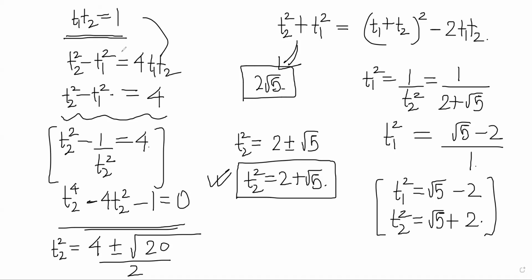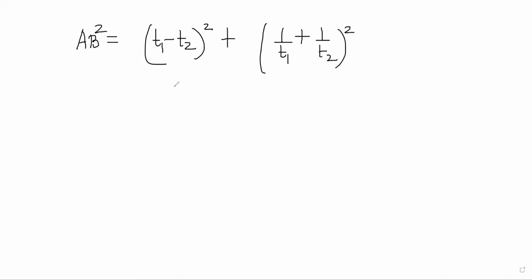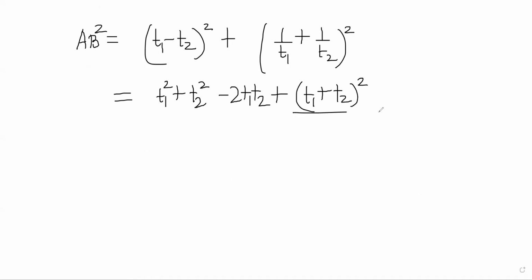So length of the side AB square is equal to actually (t1 minus t2) whole square plus (1 by t1 plus 1 by t2) whole square. So if you simplify this a little bit, this is basically t1 square plus t2 square minus 2 t1 t2 plus (t1 plus t2) whole square by t1 square t2 square, and t1 square t2 square is 1, and this is minus 2.